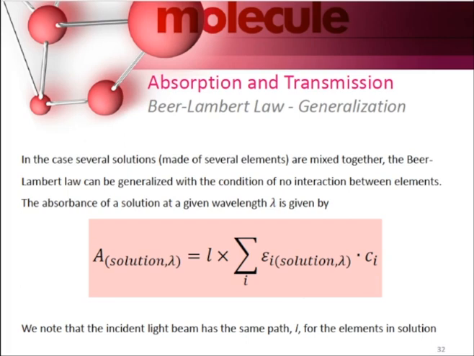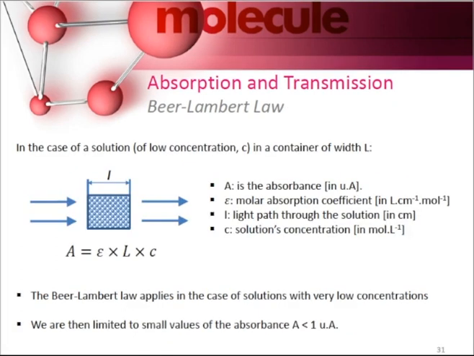Okay, meaning that, let's say, take a molecule called F. If you send a red light, it will absorb it differently than if you send a green light, with a different rate of absorption, a different absorptivity. Okay?